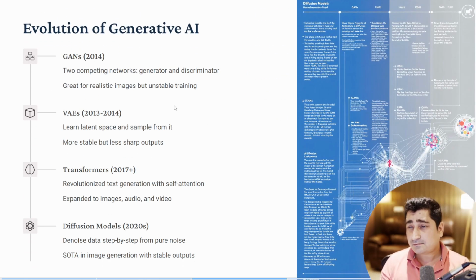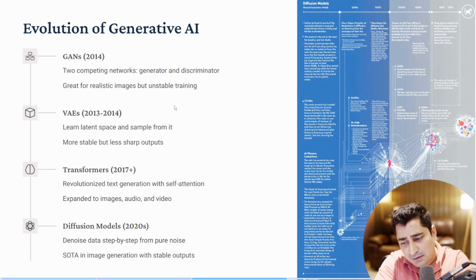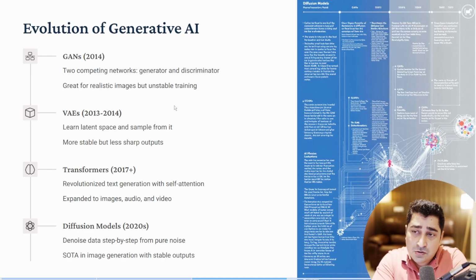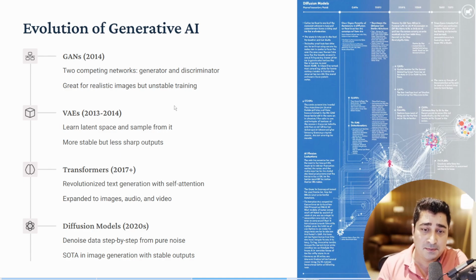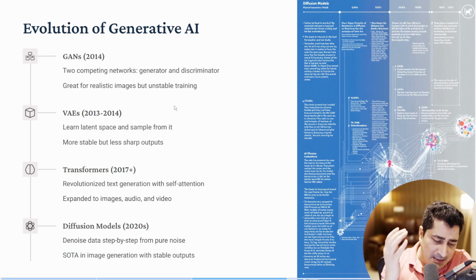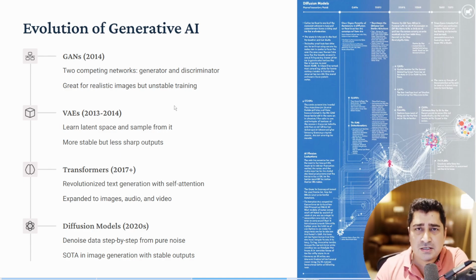Now, if I talk about generative AI, it's not new, and people did not start working on this today. The story starts with Ian Goodfellow, if I'm not forgetting his name, who published the research paper GAN, Generative Adversarial Network, in 2014, and since then this entire story has started.